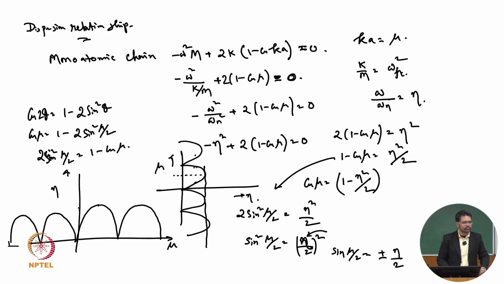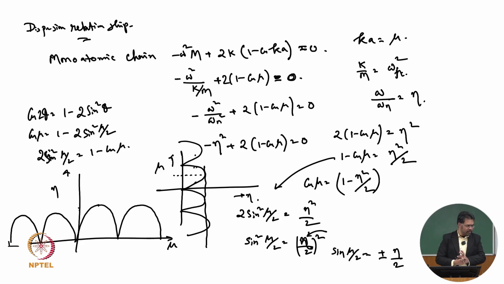Please tell, anybody. Where will the graph turn? When sin(mu/2) reaches its maximum value. So what should be the maximum value? 1.